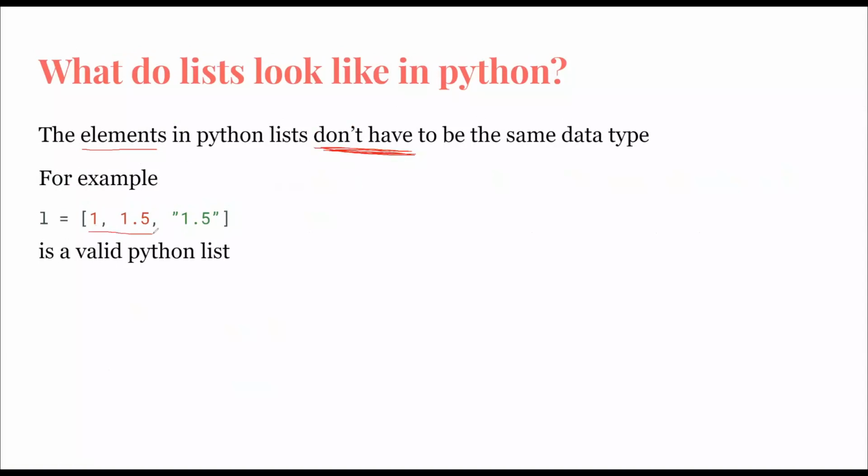For example, you can have a list of 1 integer, a float, and a string. Remember, decimal points are floats, floating point numbers. So we have 3 different types of data in a Python list, and this is acceptable.